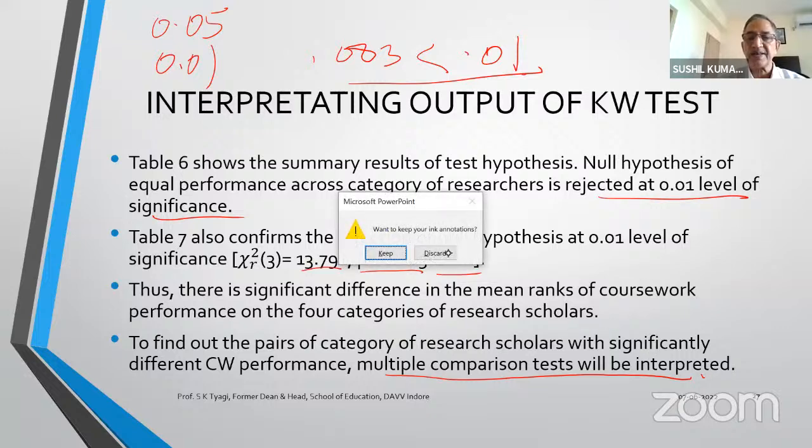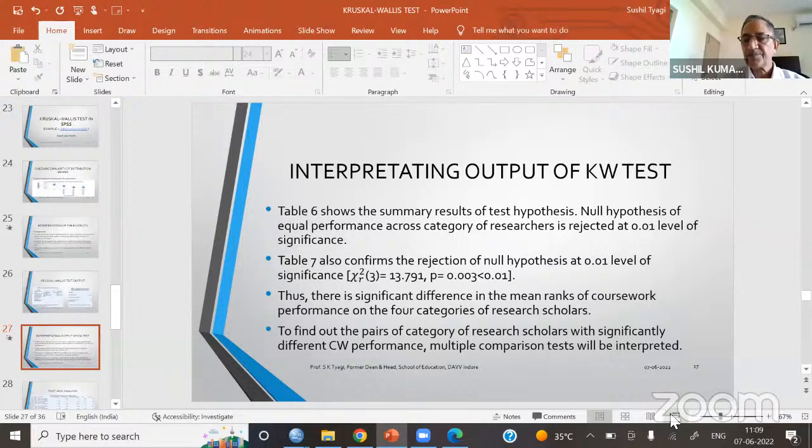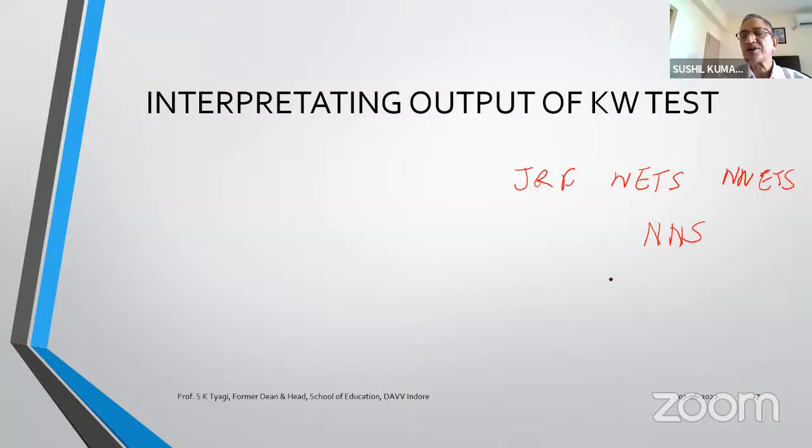Now look, the situation is like this. We have 4 groups. One is JRF, second is NET with scholarship, third is non-NET with scholarship, and fourth is non-NET, non-scholarship. Now all these groups are not the same. Their performance is different. These are 4 groups, 1, 2, 3, 4.